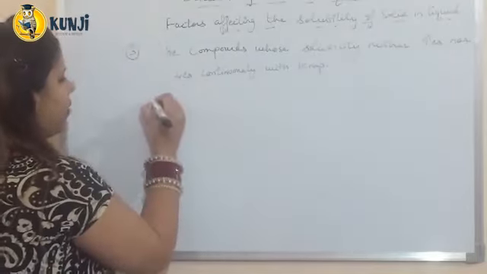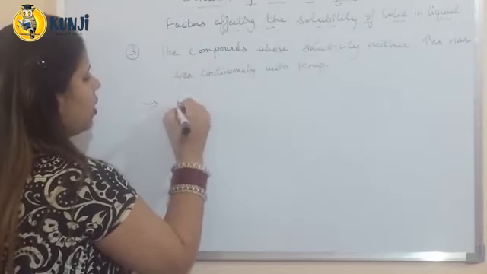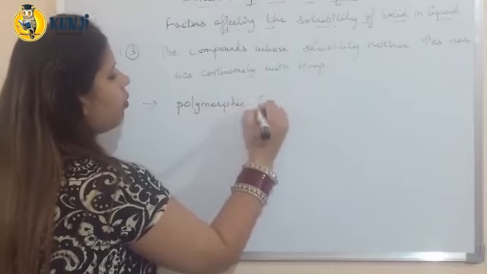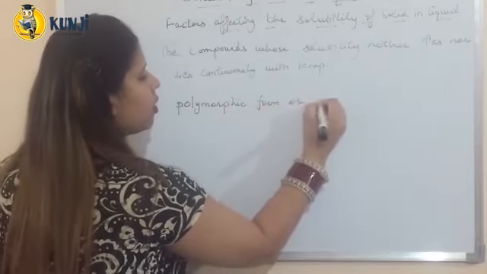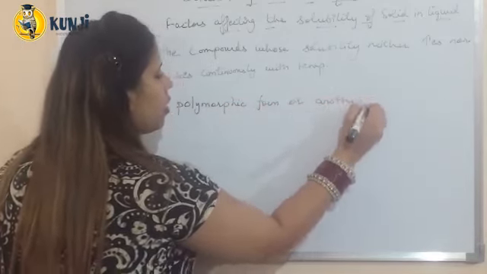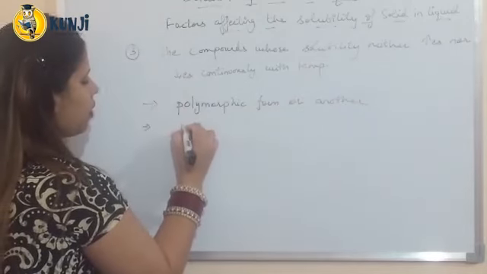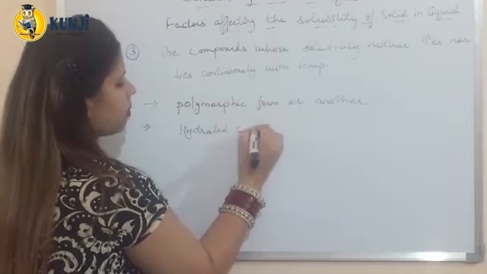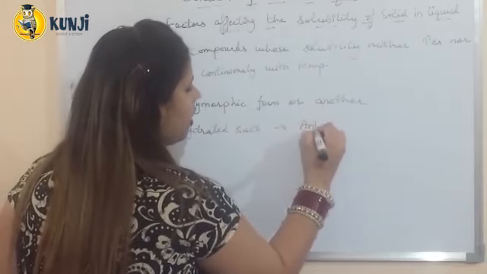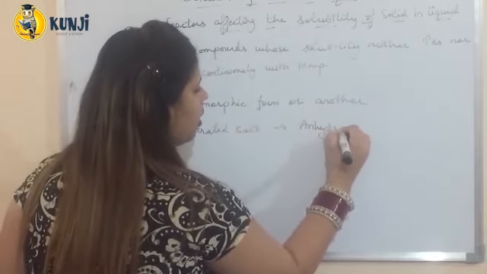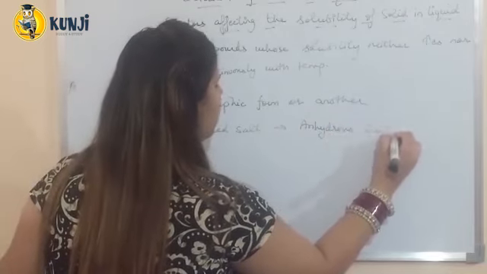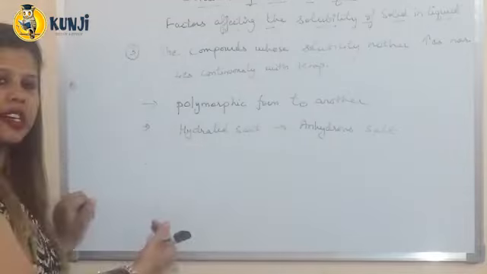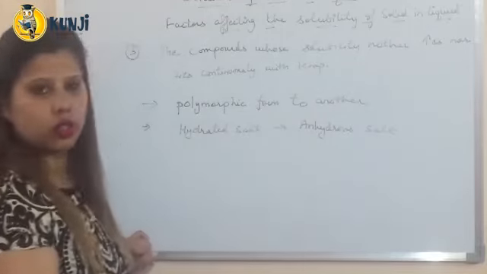So for that, the reason is either it is changing one polymorphic form to another, or hydrated salt to the anhydrous salt, or more hydrated salt to the less hydrated salt.